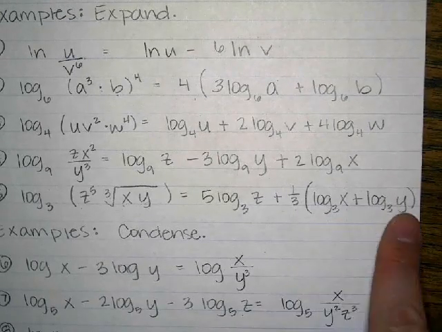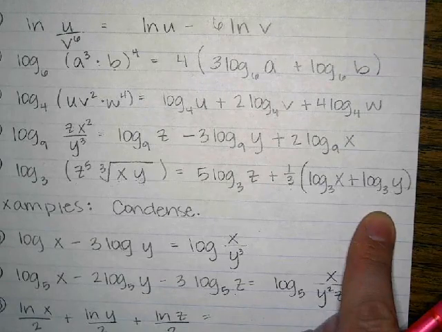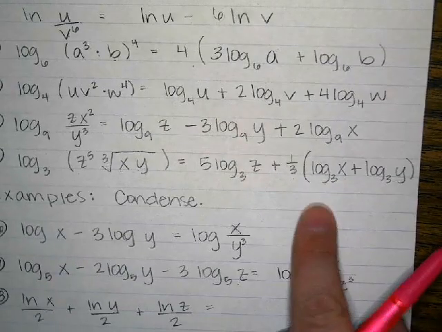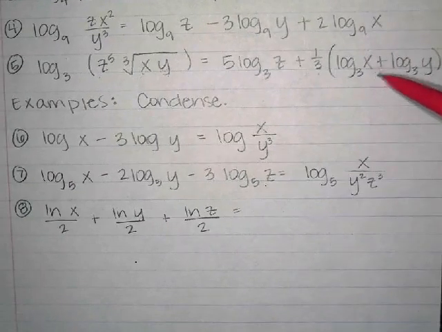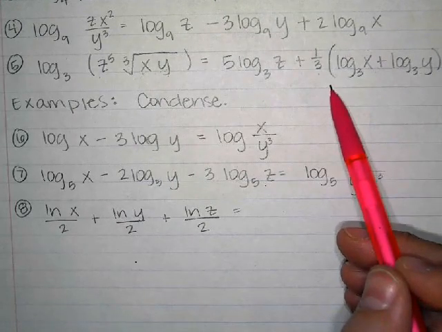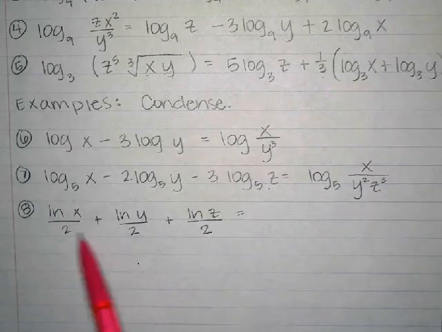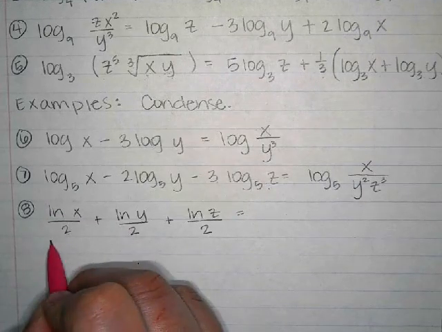Okay, so can we fix number 8 so it feels more like our number 5? Wait, is this a base though? Okay, so this is ln x. We could have written log base 3 of x, and we could have put it over 3, right, instead of having a 1/3 in front?